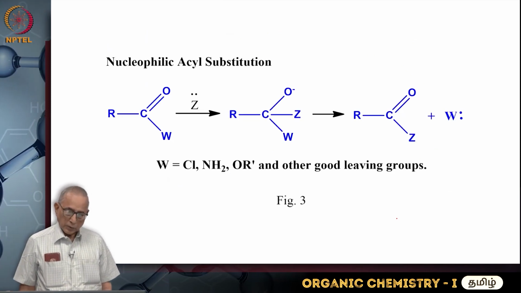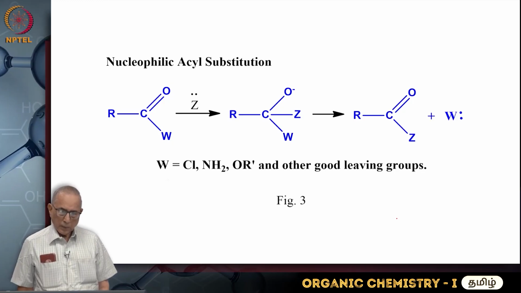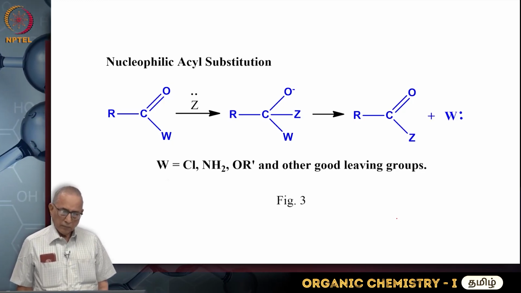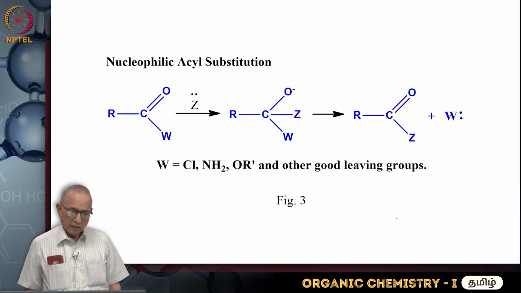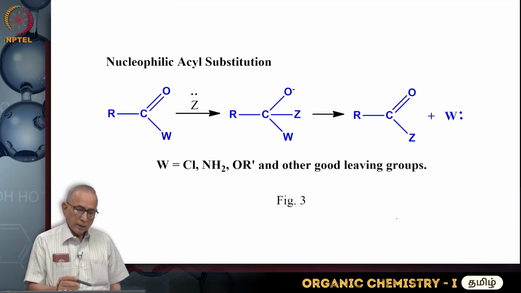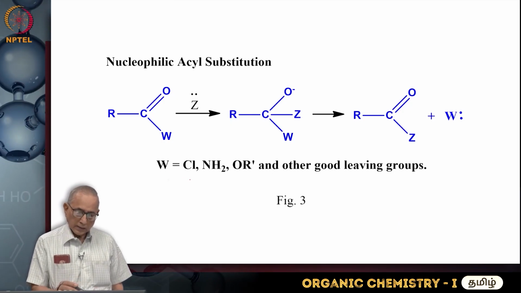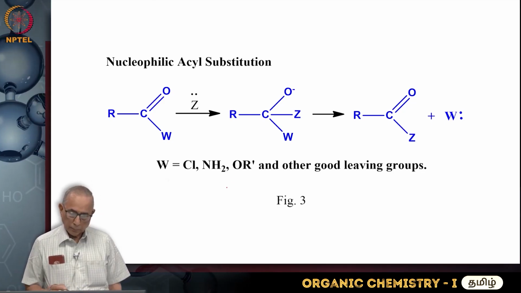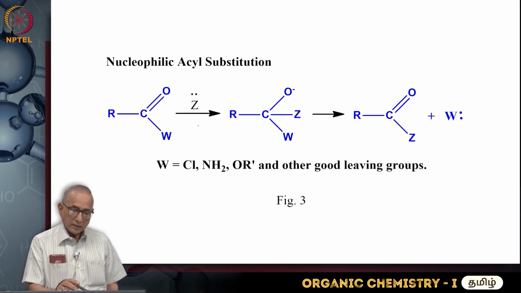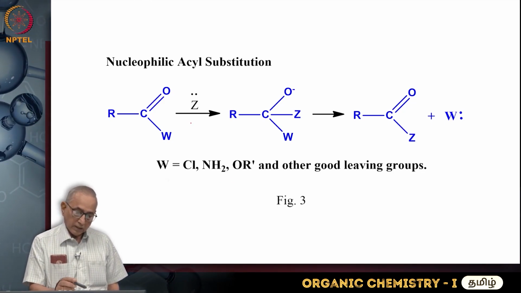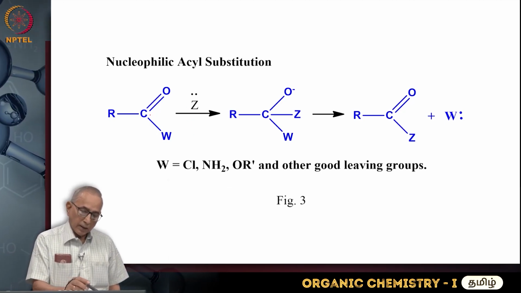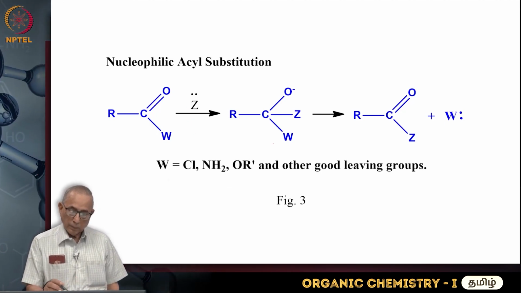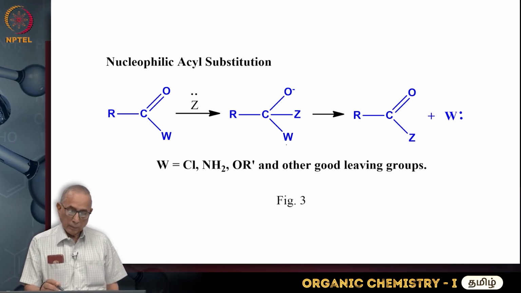Nucleophilic acyl substitution. One of the important reactions of the carboxylic acid derivatives, COW, can be Cl, NH2, OR prime. Z is the nucleophile, like hydroxide, and this can come and attack at the carbonyl group. It will form a tetrahedral intermediate.